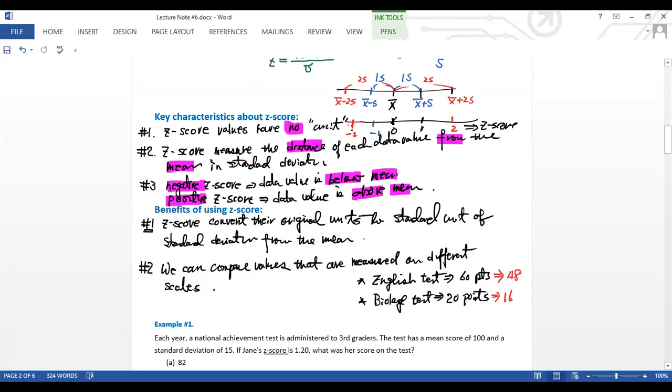If the teacher tries to curve, where in the curve am I? Because we have different grading, the English test is 60 points if you get every problem correct, and the biology is 20 points. So how do you compare whether 48 is better or 16 is better?